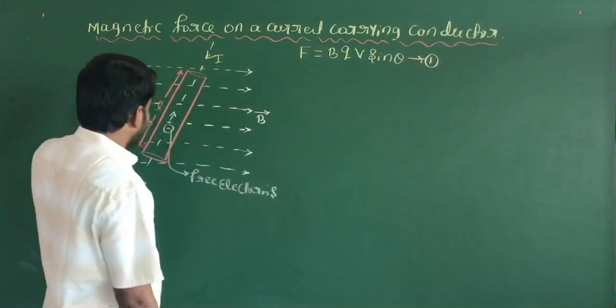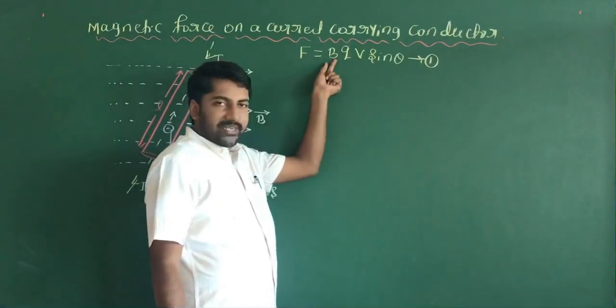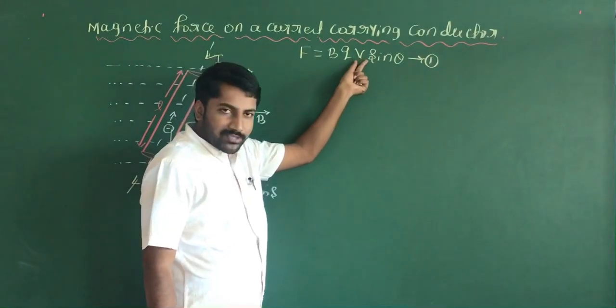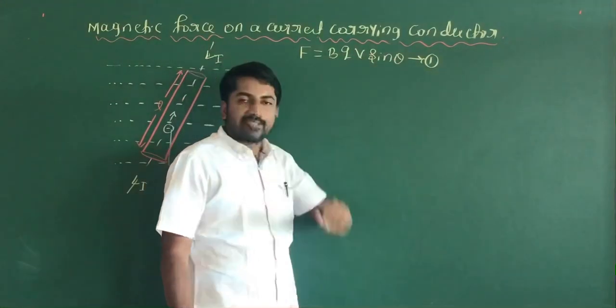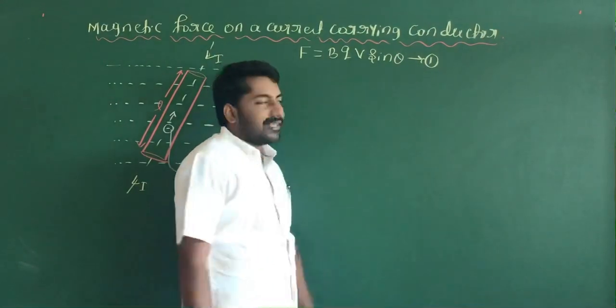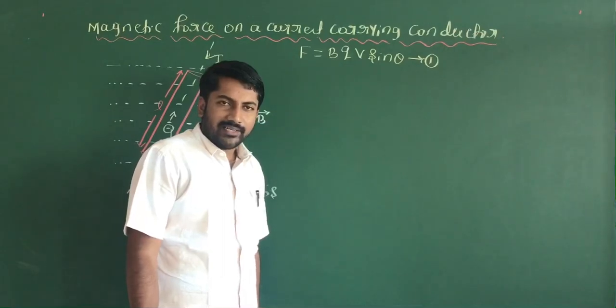Here, B is the magnetic field, Q is the magnitude of the charge, V is the velocity of the charged particle, and theta is the angle between the velocity vector and the magnetic field.